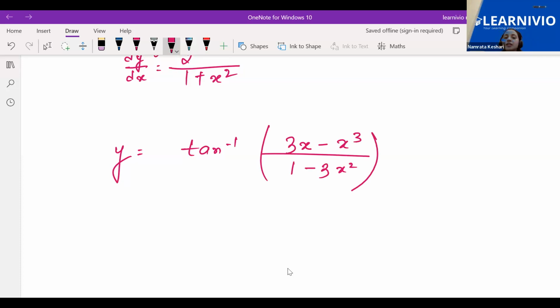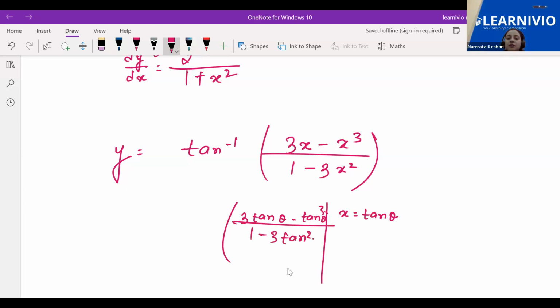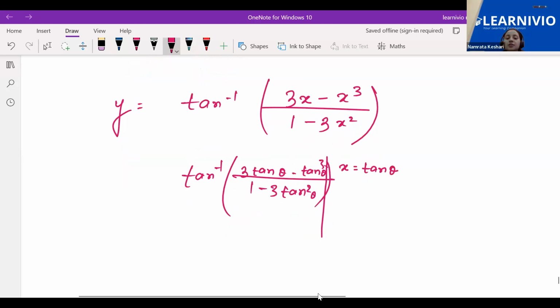So what can be taken as x, Annapurna? Tan theta. Perfect. X is tan theta, and if you substitute, 3 tan theta minus tan cube theta over 1 minus 3 tan square theta, what are we going to have? Tan 3 theta.